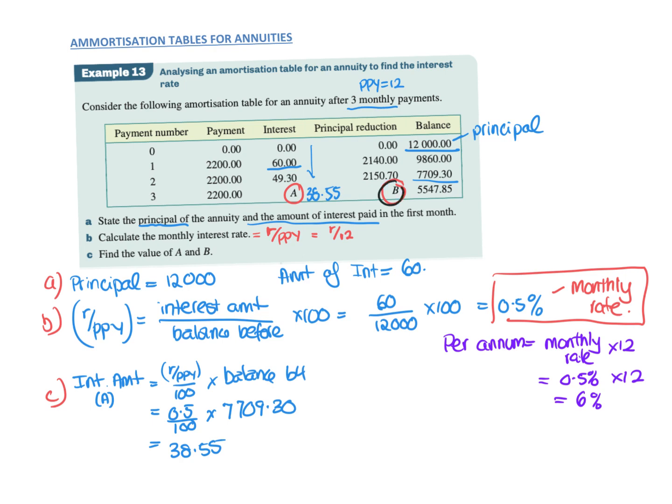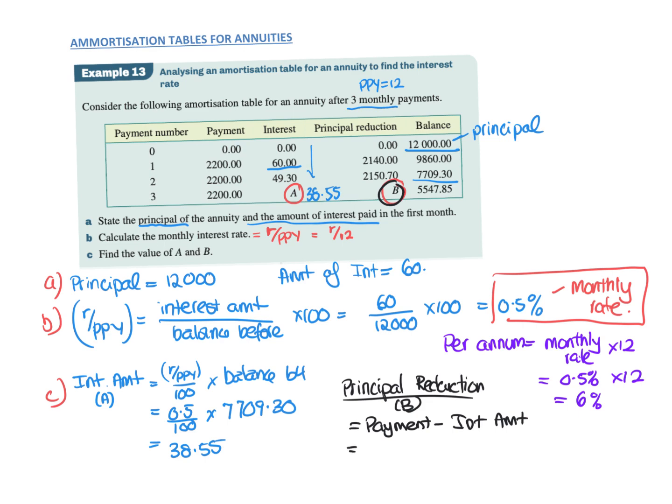Now I'm just going to change this, finding B, to my black colour because I'm running out of room here. So B is the principal reduction. So they're calling that B in this example. And principal reduction is payment minus interest amount, which you just worked out.